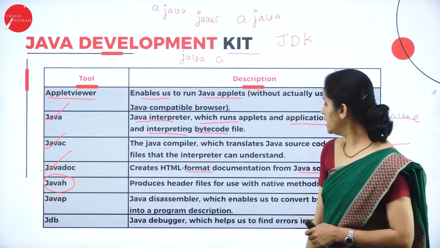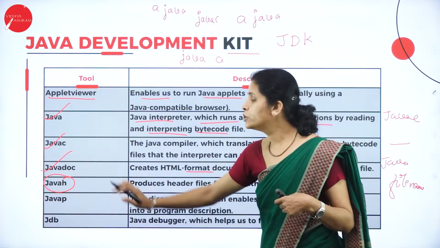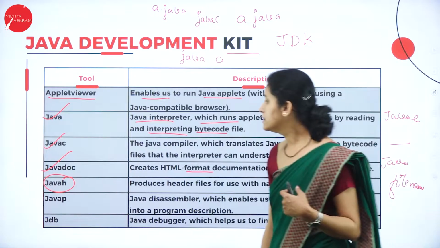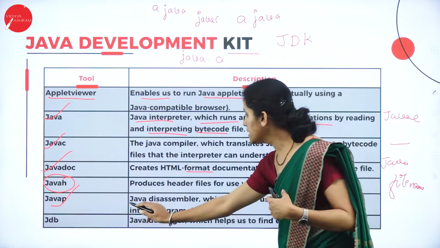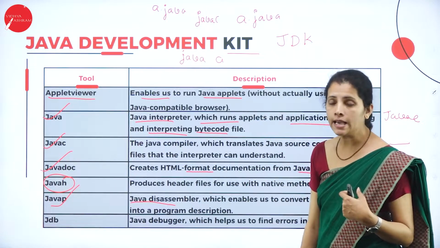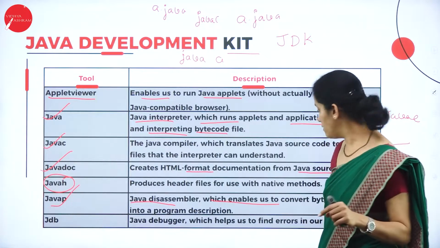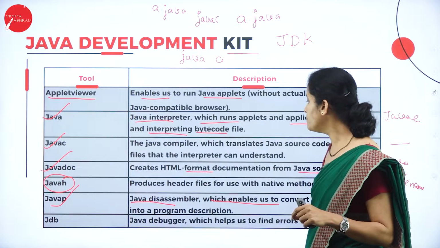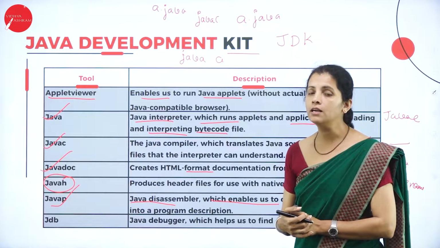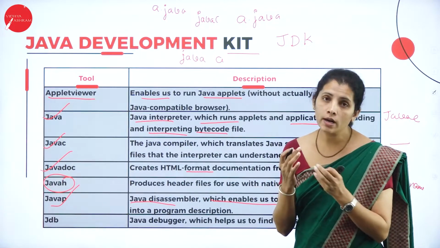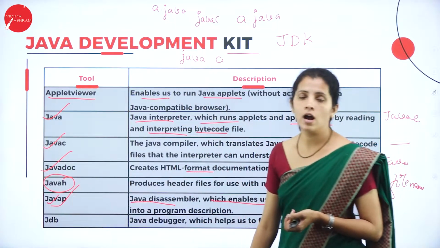Suppose I want to include any header files, then I'm going to use javah. Then javap. So javap is the Java disassembler which enables us to convert bytecode to program description. Suppose I want to convert my bytecode to program description, then I am able to use javap.